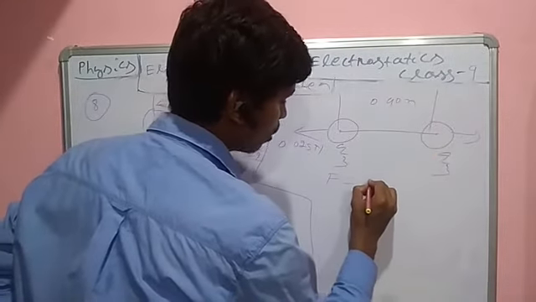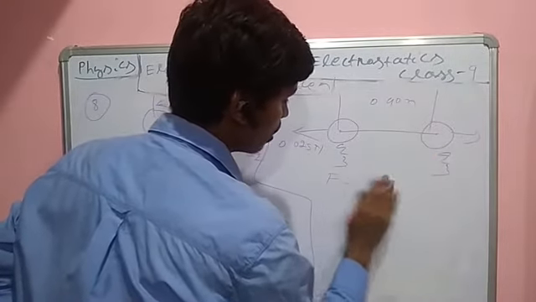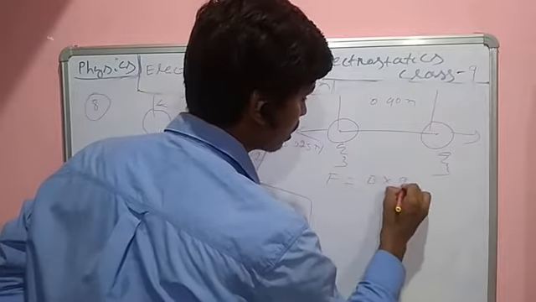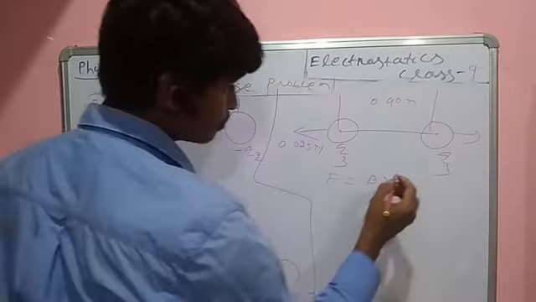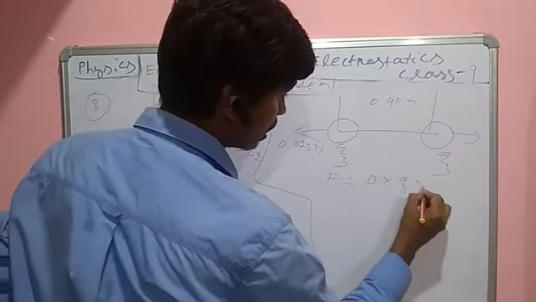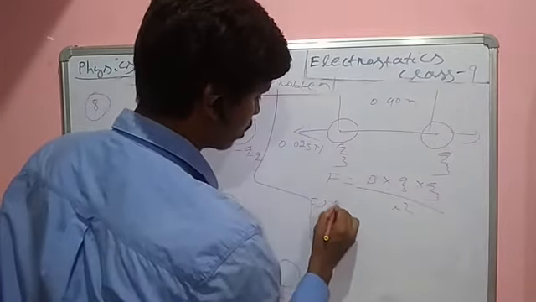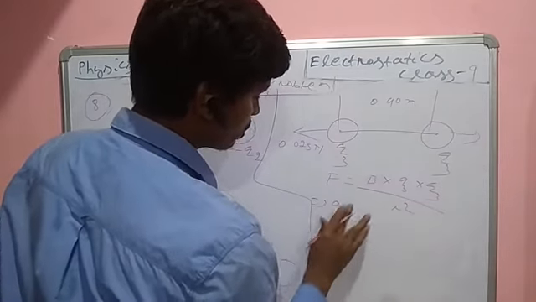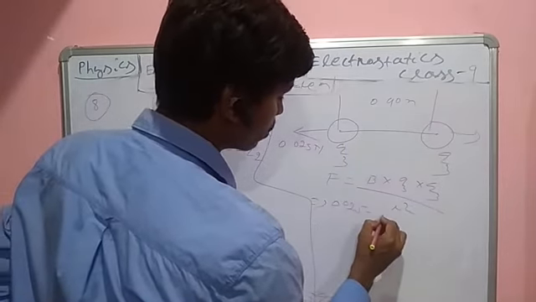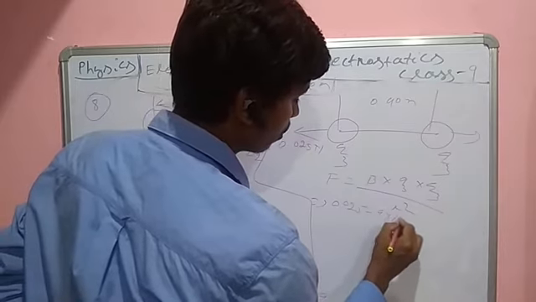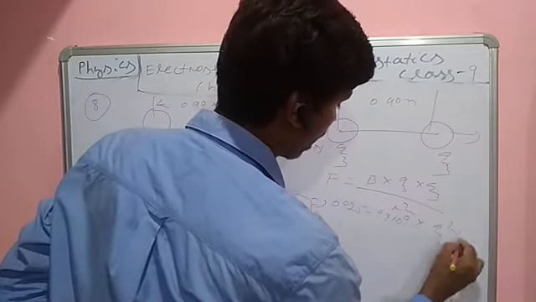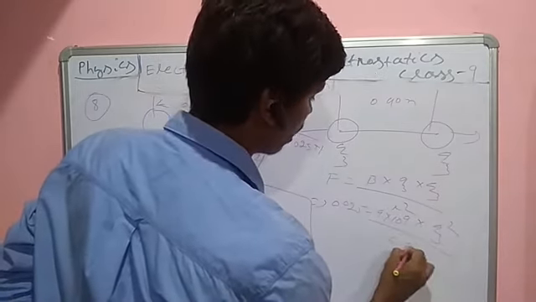We know F is equal to 9 into 10 to the power 9 times Q3 times Q3 by R square. So F is 0.025, equals 9 into 10 to the power 9 into Q3 square by 0.9 square.